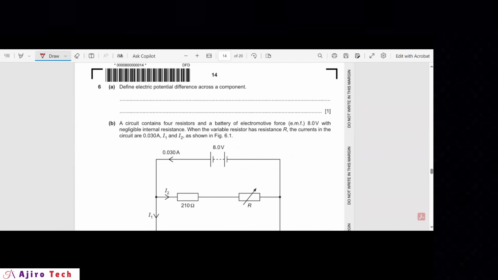Since it's 1 mark, you can go further, but energy transfer per unit charge.